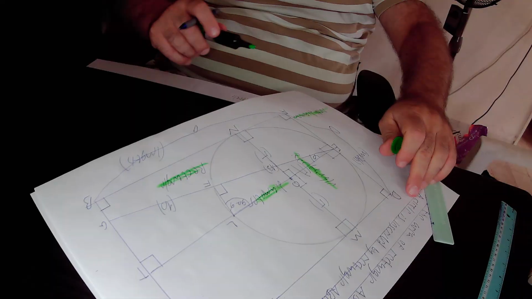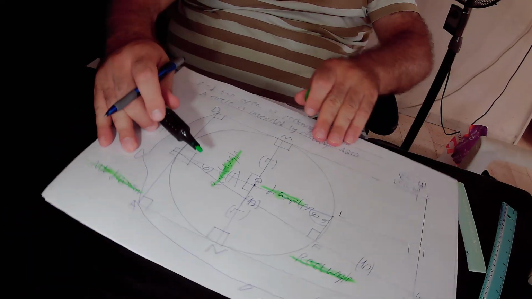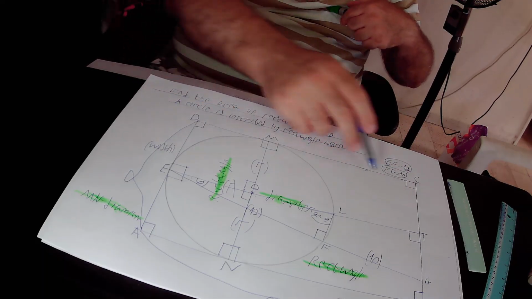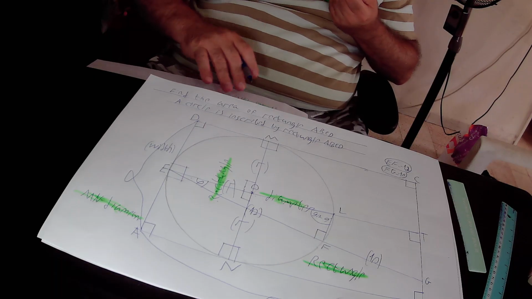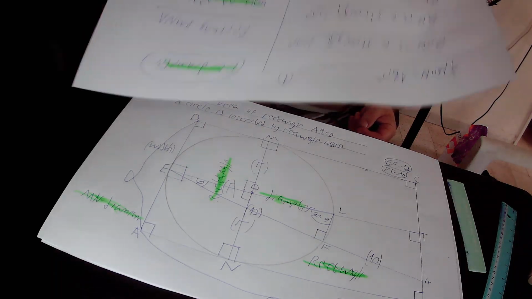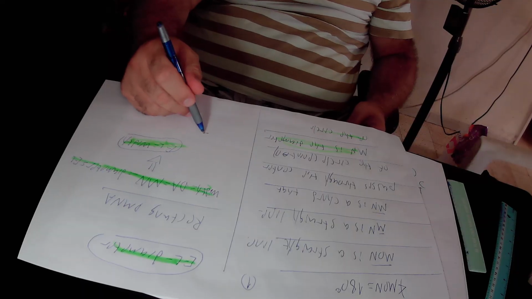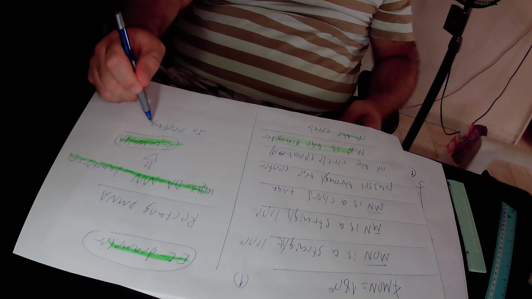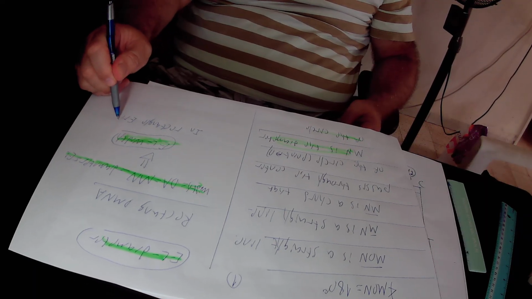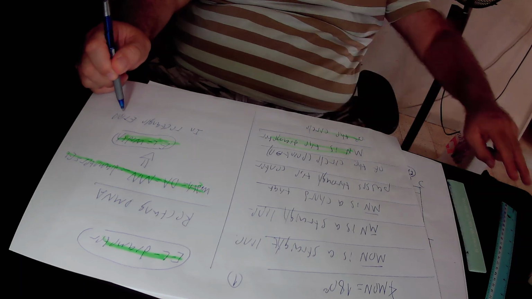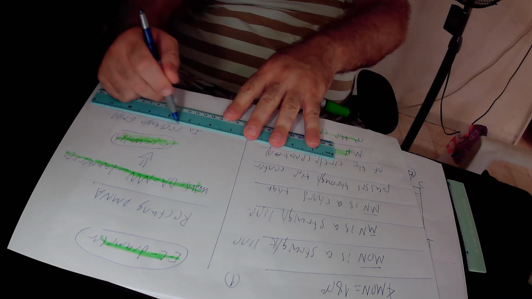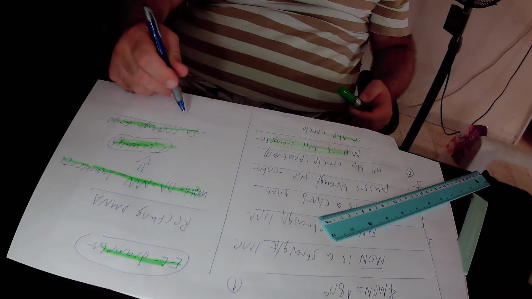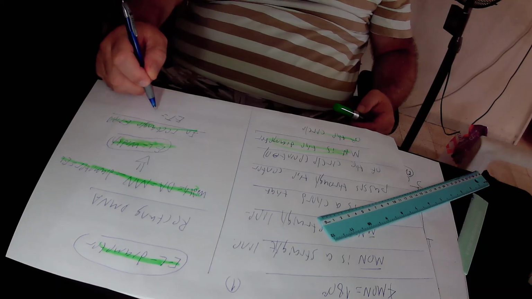But we also know that the opposite sides of a rectangle are equal to each other. So in the big rectangle ETBA, side ET must be equal to the opposite side AB. So I write it down. In rectangle ETBA, side ET must be equal to the opposite side AB.